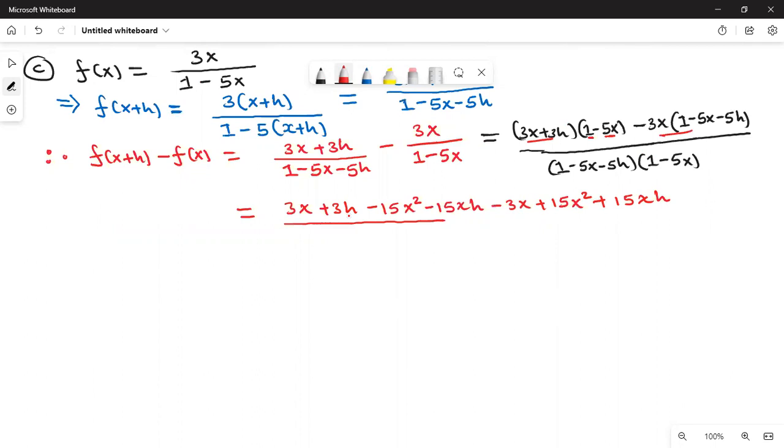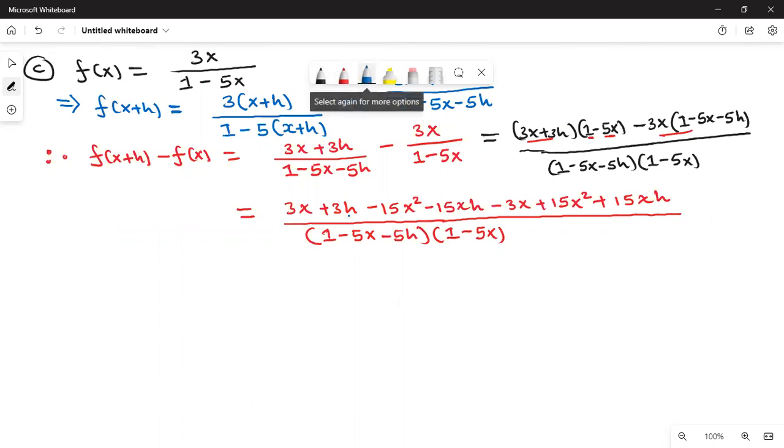And in the denominator we'll have (1 minus 5x minus 5h) times (1 minus 5x). You don't need to open the bracket in the denominator, just the numerator only.